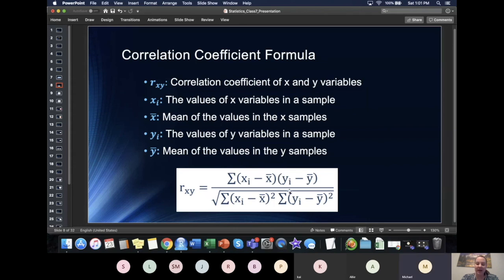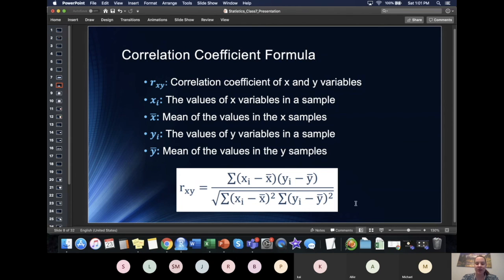We see y here, and that has the same meaning. So going through y1, y2, y3, y4, and subtracting the mean of those groups. And then we would do the math here and sum all of the values.